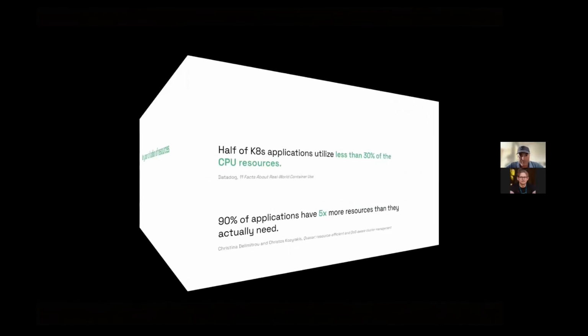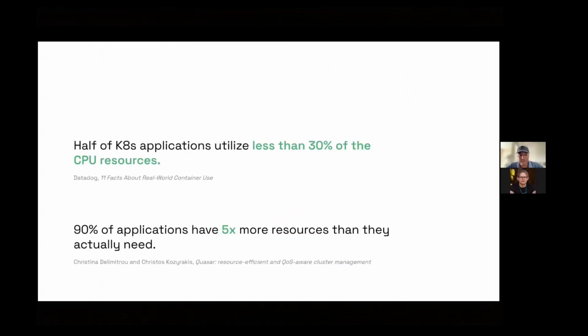In fact, there are two statistics. The first one is amazing. It's something from Datadog. This is actually something that Datadog is measuring for all of their Kubernetes customers, all their clients that are using Datadog with containers. They have these statistics that half of Kubernetes applications use less than 30% of their CPU resource.